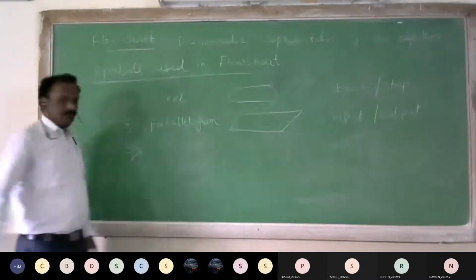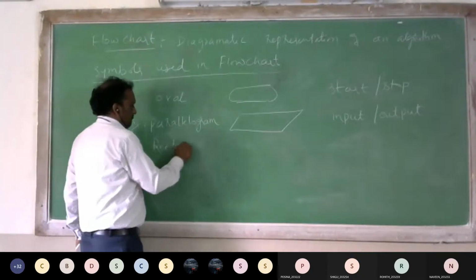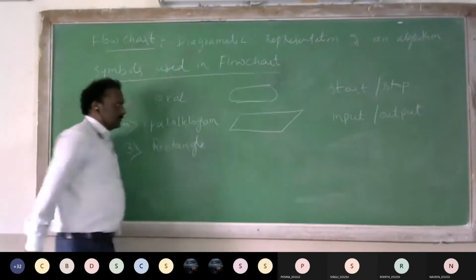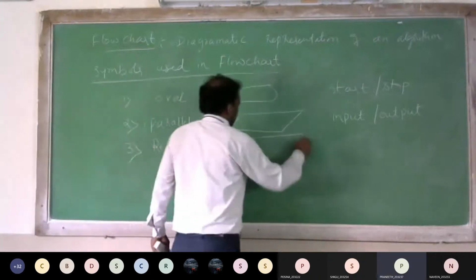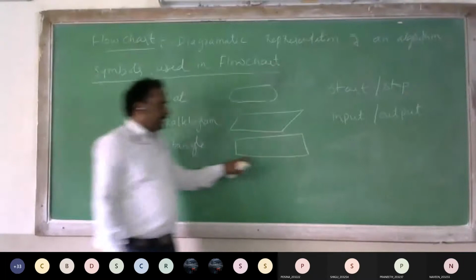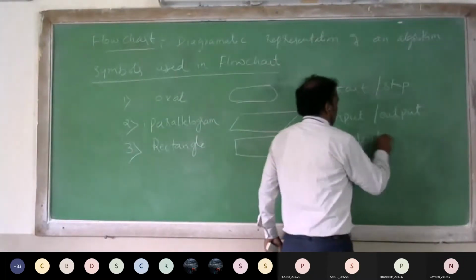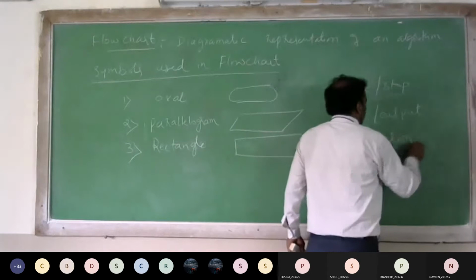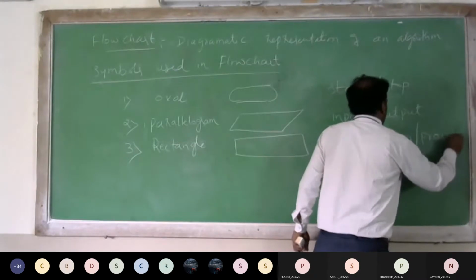The third symbol is the rectangle. The notation is like this. The rectangle symbol is used for calculation purpose, also called the process symbol.